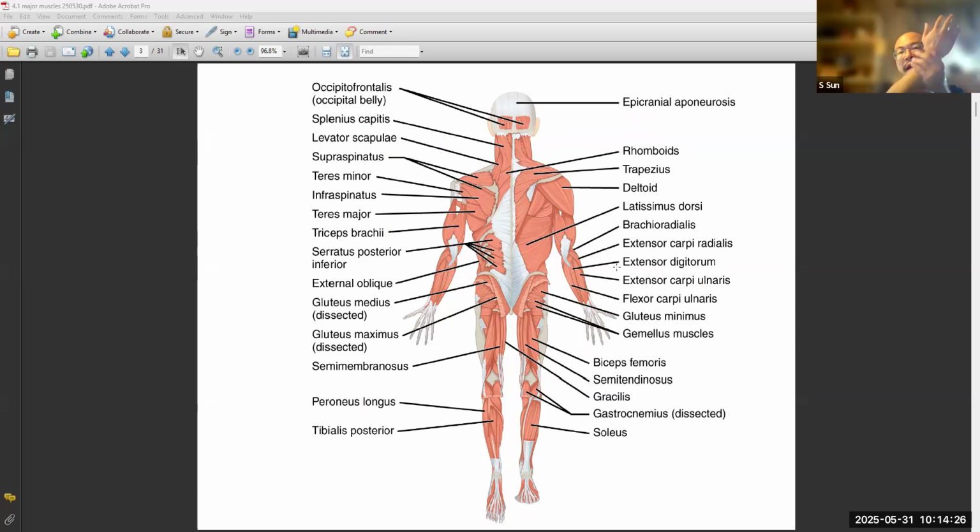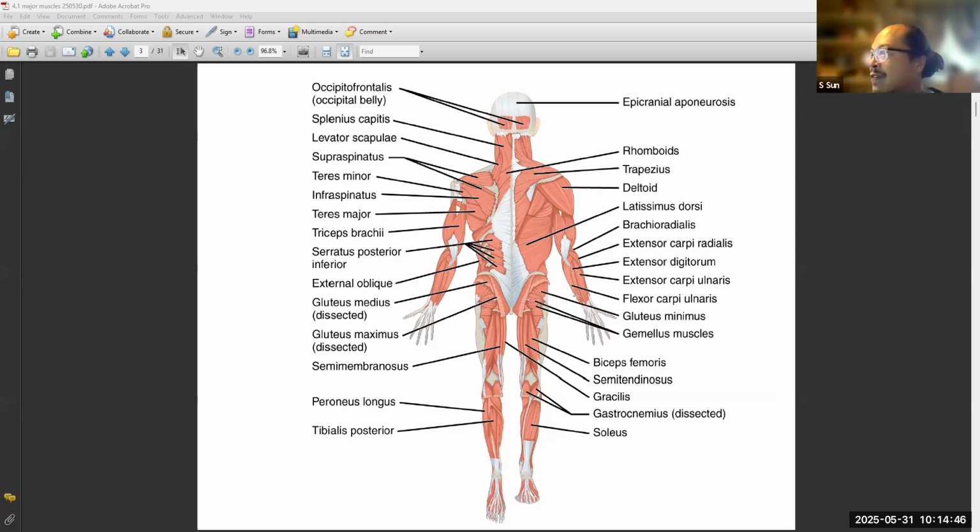Okay, brachioradialis. And then on another arm, you can see that a lot of those are the extensors, because now we are looking at the back. They cause the wrist angle to extend, so that's the extensor muscles. So you have the extensor carpi radialis, extensor digitorum.